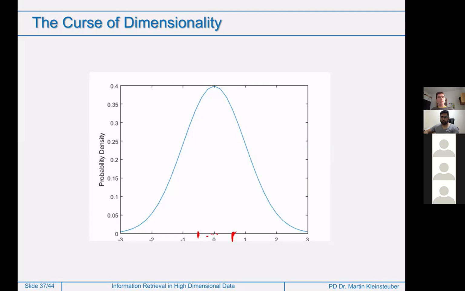Not so much of a surprise, because this is where you have the highest density. What happens in higher dimension is now, so let's call it, I mean, this is x1, this is x2, this is x3, right?